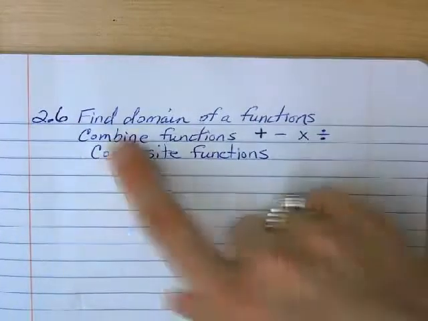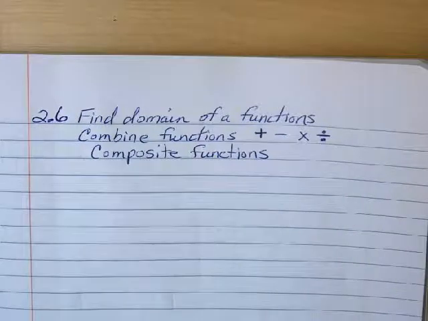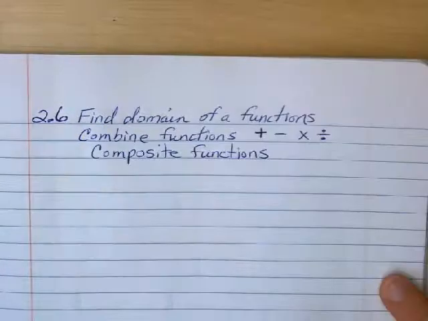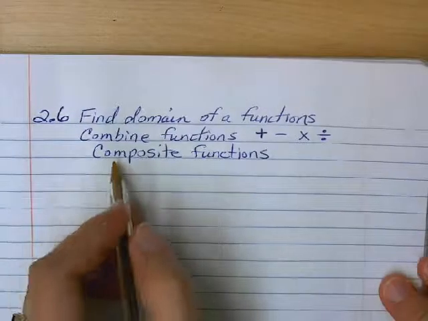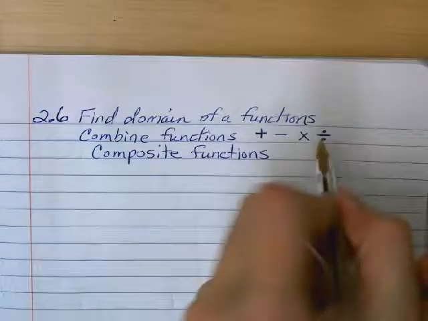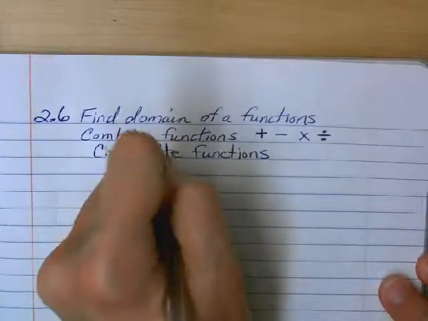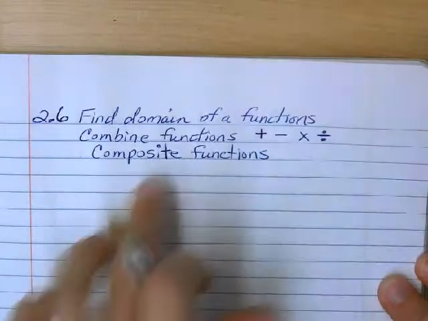But composite functions, that's when you do f of g of x, plugging an equation into another one. A composite is when there's a function inside another function. So we'll have to go over that part.